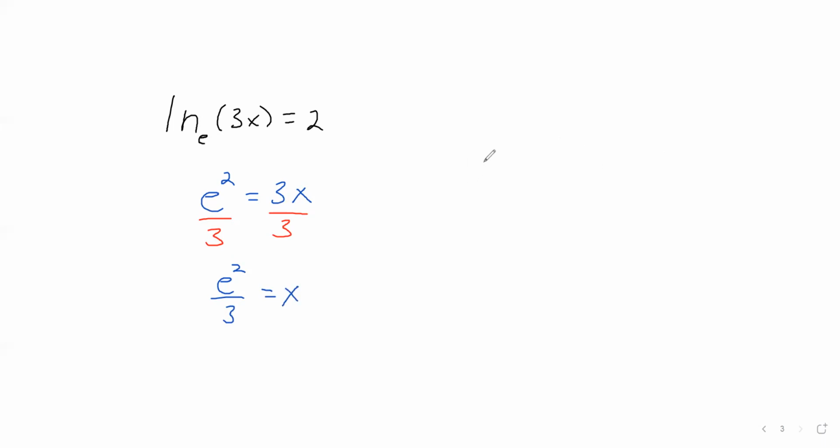And finally, just because I've mentioned it before, here's an example of when you can't start right from switching to exponential form. I'll say log base 4 of 3x, or excuse me, let's say plus 3 equals, let's say 10. Now I can't switch forms because the log is not by itself on one side.